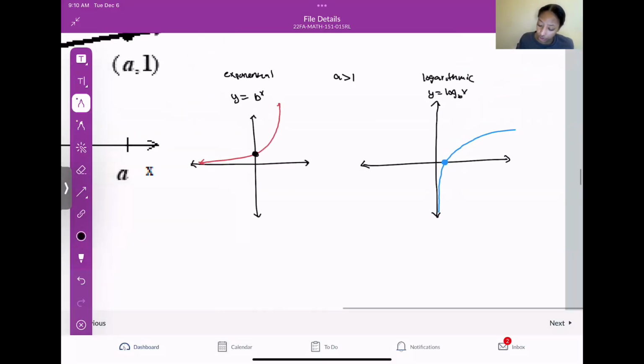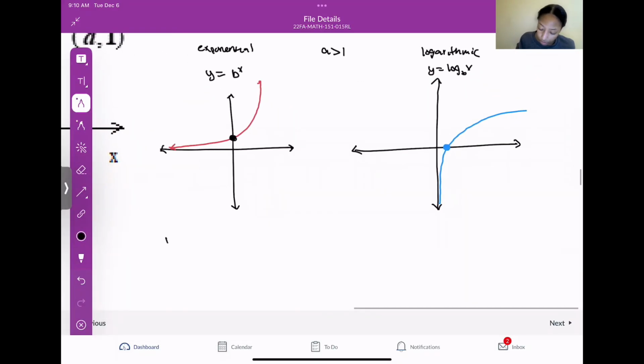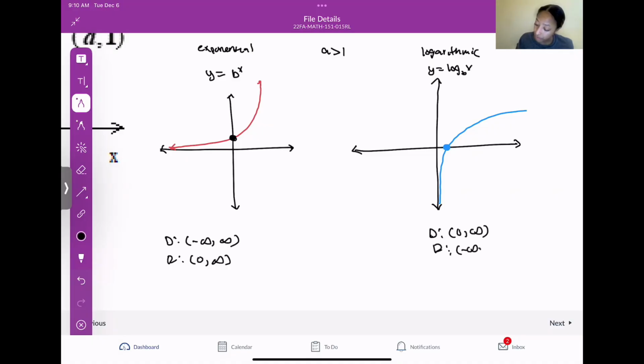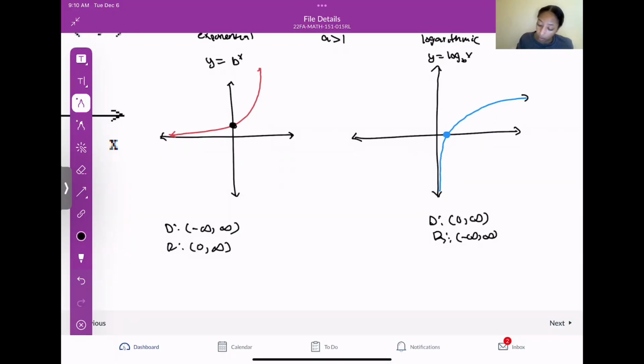For exponential, the domain is -infinity to infinity. The range is 0 to infinity. For logarithmic, the domain is 0 to infinity. The range is -infinity to infinity. All right, our exponential function has a y-intercept at 0, 1.